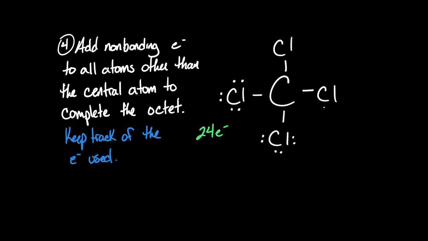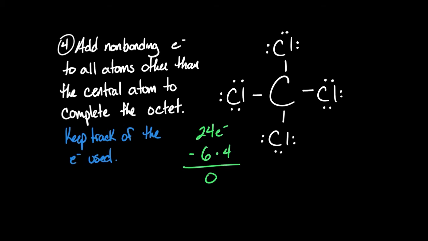And again, when we're done, we want to keep track of the electrons that we've used. Each chlorine gets 6 non-bonding electrons, and then the 2 electrons in the bond bring us to a total of 8 for the chlorine. So in placing those 6 dots around the 4 chlorines, we used all 24 electrons. So our electron total is now 0.